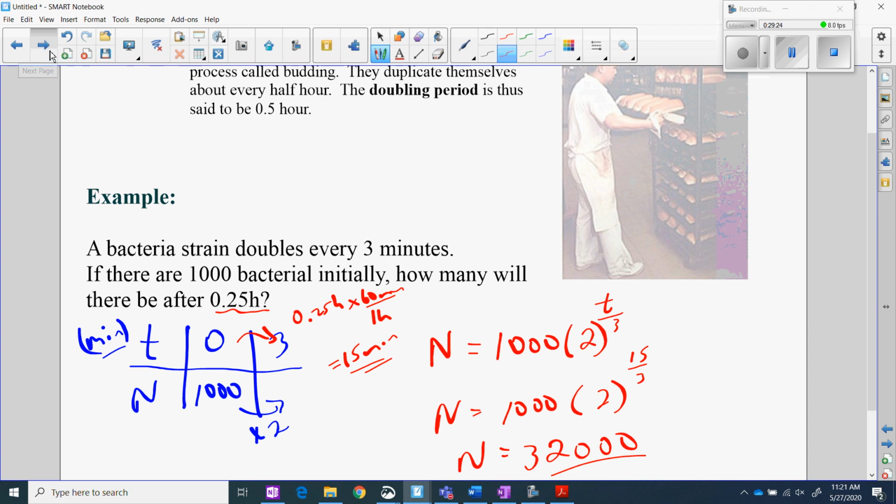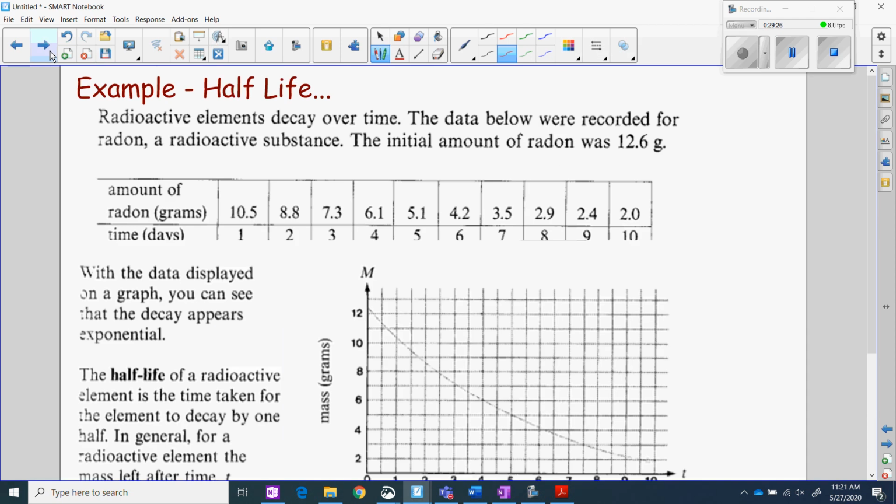All right, so this is the one I was thinking of, half-life. This is a common one if you've ever heard of the process of carbon dating. It's a process used in science to determine an age for an artifact, or sometimes they'll find human remains and want to put a date on them. They can do it using this process called carbon dating.